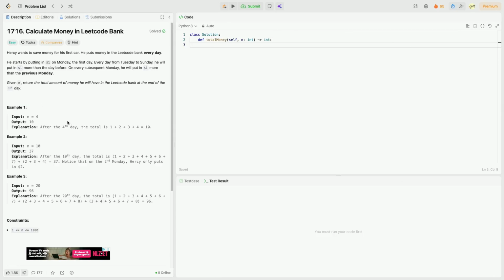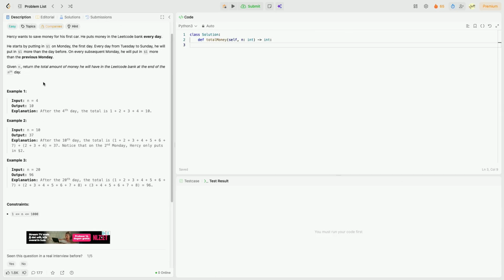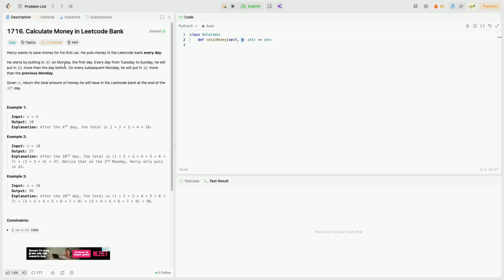Now here on Leetcode, we're given the examples, and example 1 is input n equals 4. So that means we're going to invest money for less than 1 week. On the first day, Monday, we're going to invest $1. You should write that down here. This is day 1, 2, 3, 4, and this is going to be our n.